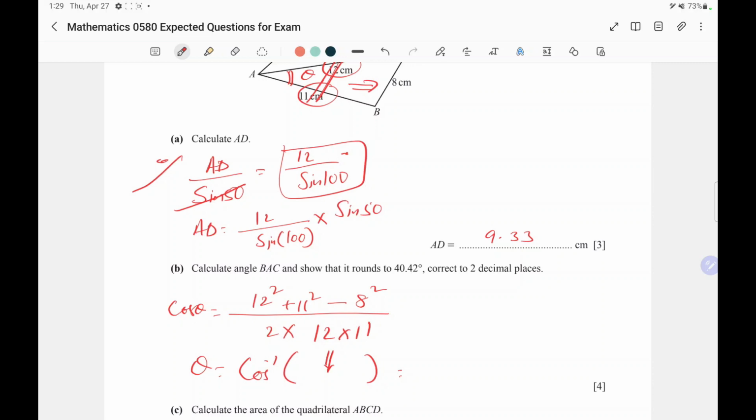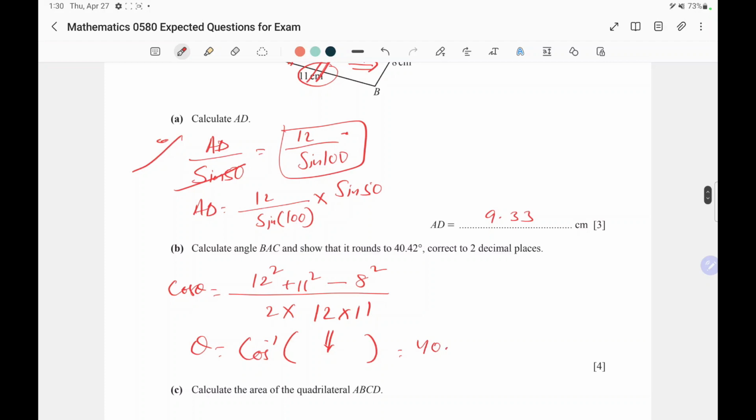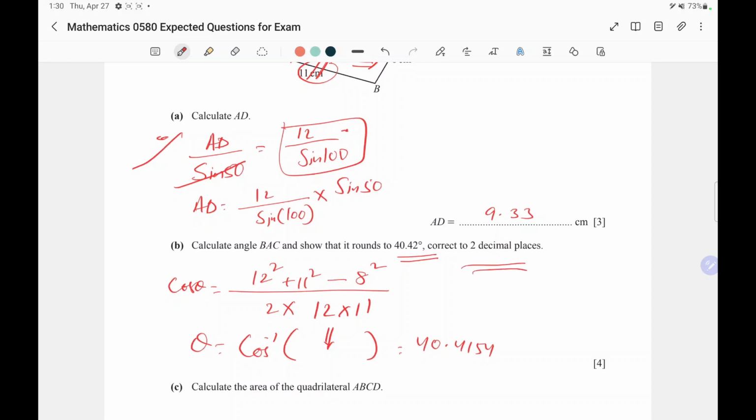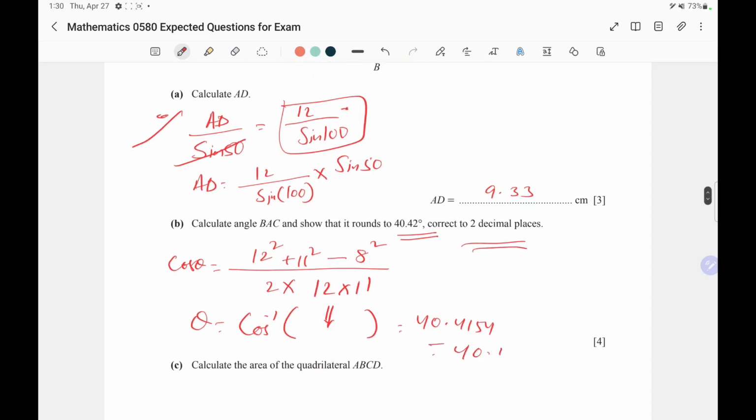Shift cos, now we can get cos inverse of 12 square plus 11 square minus 8 square over 2 times 12 times 11. Now I got 40.415. So I got 40.4154. So to the nearest 2 decimal, that will be 40.42, because after 1 there is 5, so we can round it to 40.42.